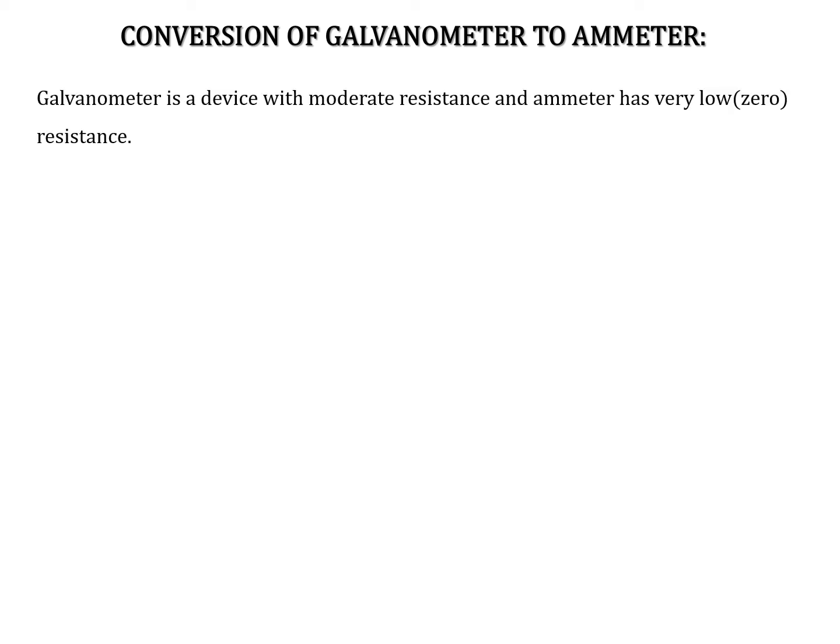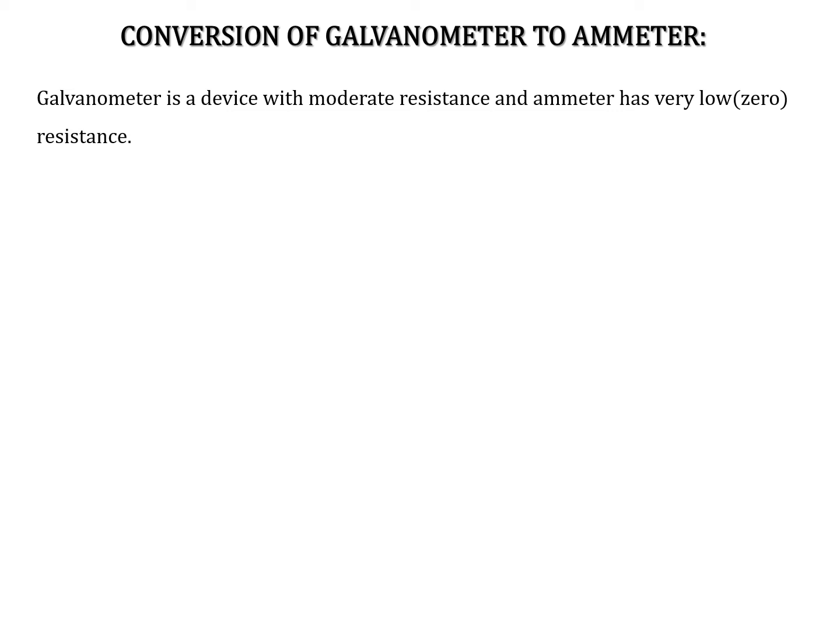Galvanometer can be used both as an ammeter and as a voltmeter. First we will see how to convert a galvanometer into an ammeter. A galvanometer is a device with moderate resistance and an ammeter has very low resistance. Moreover, resistance of an ideal ammeter is 0.